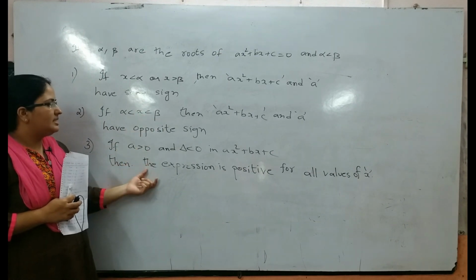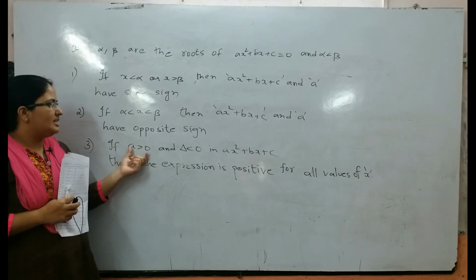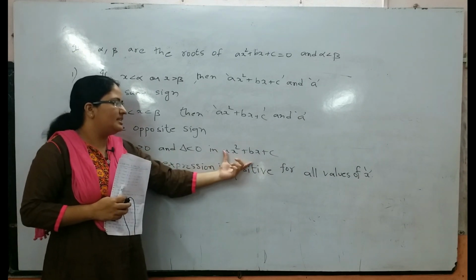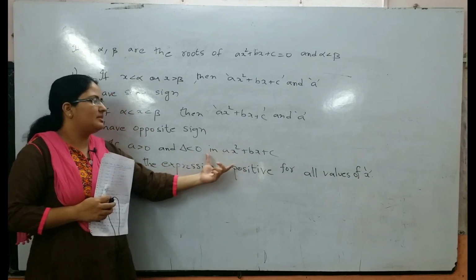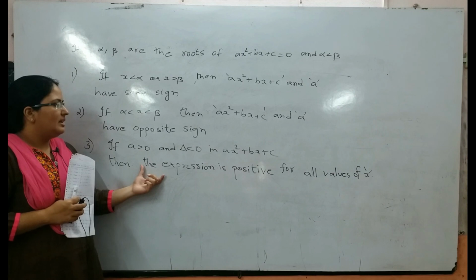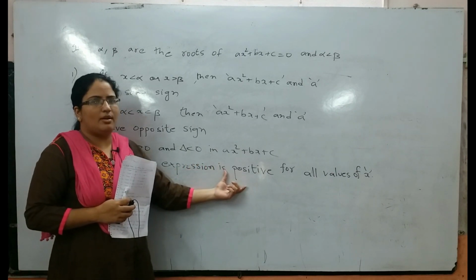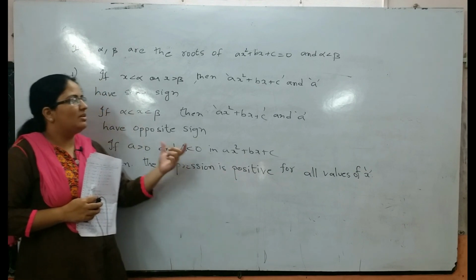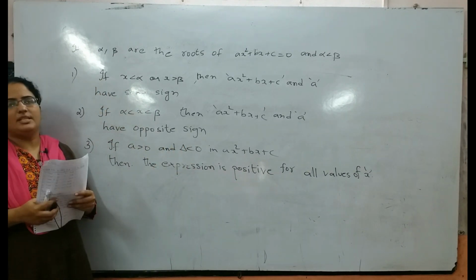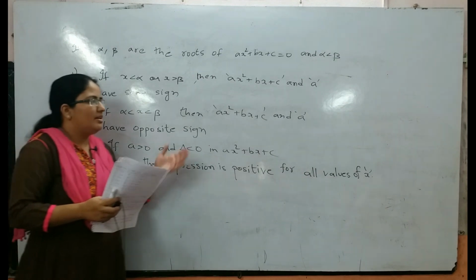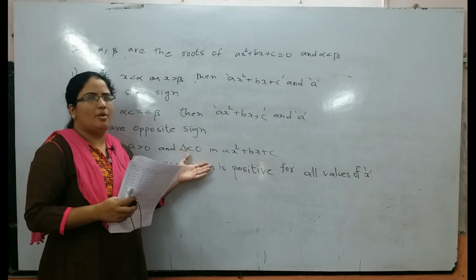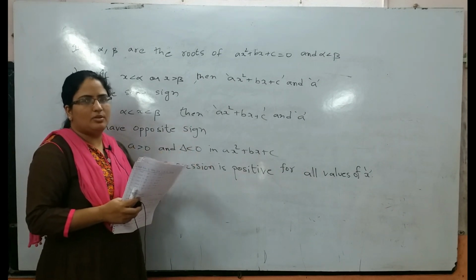The third case, if a is greater than 0 and delta, the discriminant, is less than 0 for ax square plus bx plus c, then the expression takes all positive values. This you will understand better when we discuss the problems. Write it down, learn it properly, then we will get back to the problems.